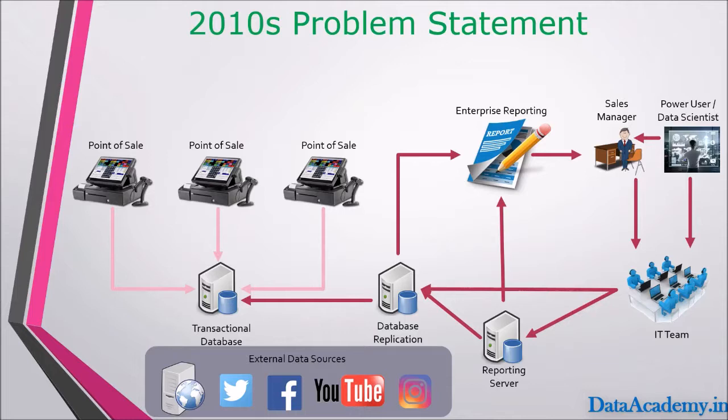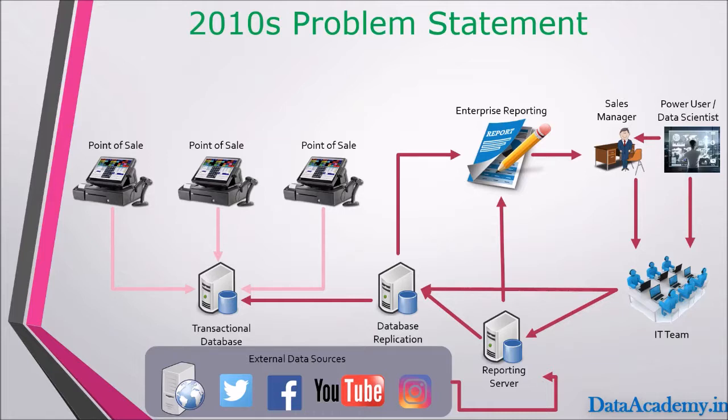Now, these power users also started giving their requirements to the IT team, saying, I want the data from all these different third-party systems. The IT team would then go ahead with integrating this data into the reporting server and finally presenting that information to both the power users and the sales manager.